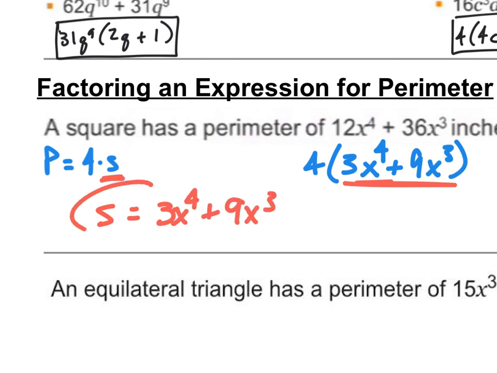Now, the crazy part is that we know that we can still factor out an x cubed out of each of these, but what we're trying to figure out is the side length of a square. And knowing that we have 4 sides of a square that are the same, I'm simply adding this 4 times, hence multiplying by 4.